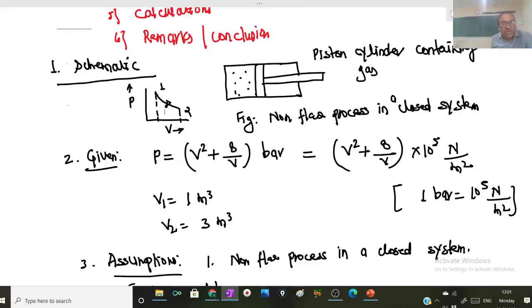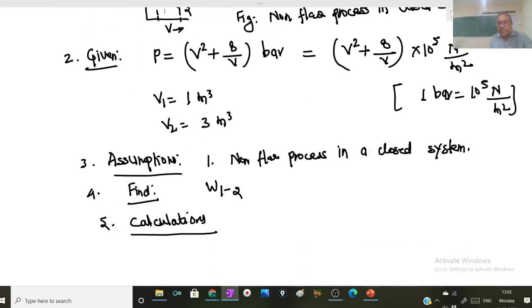So by representing this process on PV diagram, I can draw the complete schematic. This will help me to understand the nature of the process. So it is an expansion process. That means work output will be positive or negative? Even before calculating, I can tell the sign of this work done W12.